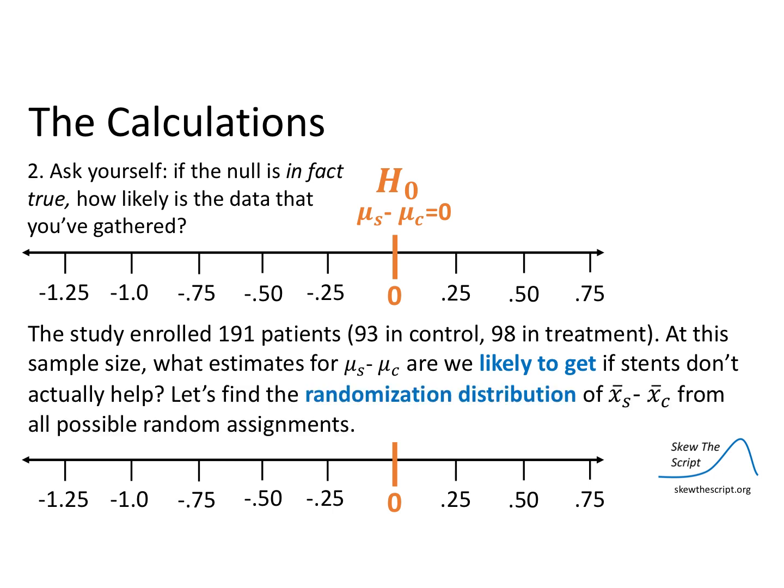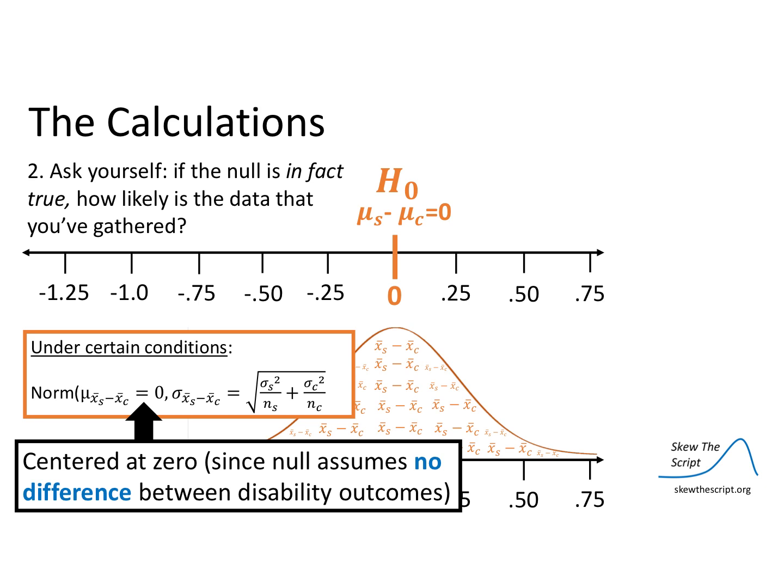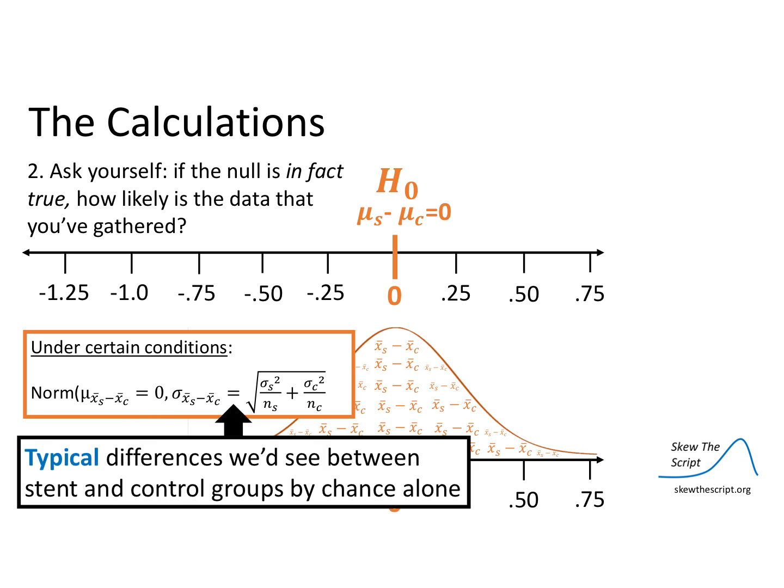So this is where our sampling distribution comes into play. Let's find the randomized distribution of x bar of S minus x bar of C from all possible random assignments. And you'll see here, under certain conditions, we have a normal distribution. We are centered at 0 since the null assumes no difference between disability outcomes. And our typical differences we'd see between stent and control groups by chance alone can be calculated as seen.